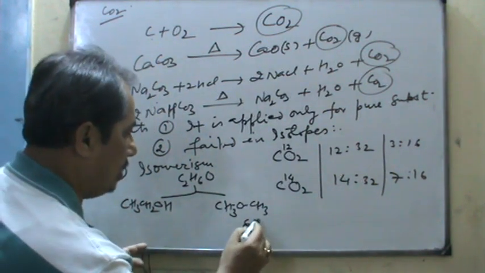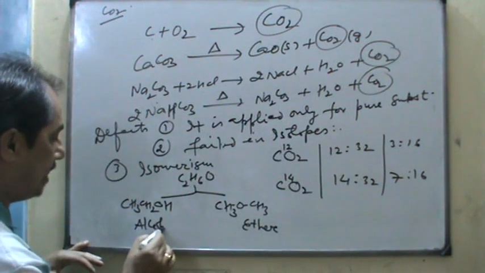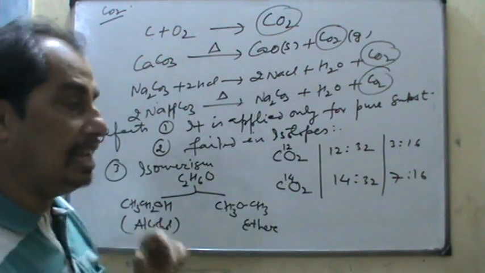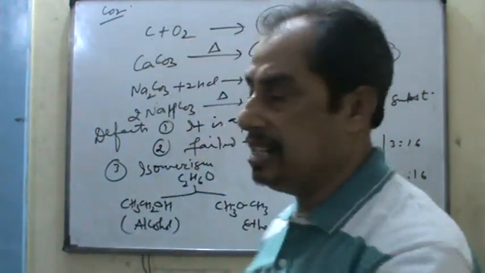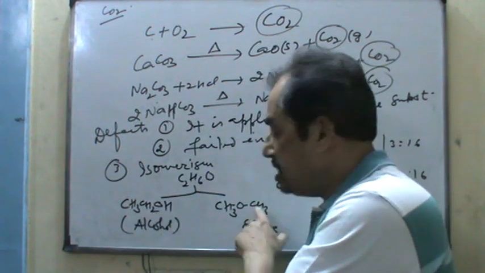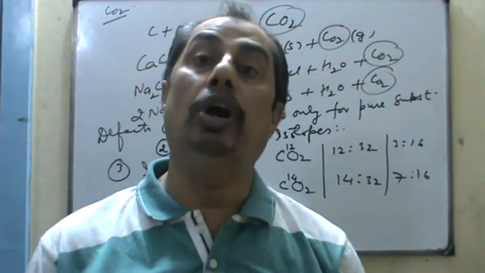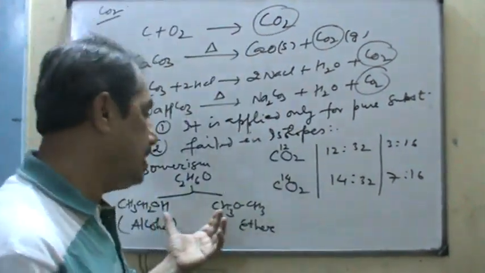It is called alcohol or ether. You might remember from 10th class ethyl alcohol, and second is dimethyl ether. In the IUPAC system it is ethanol and methoxymethane.